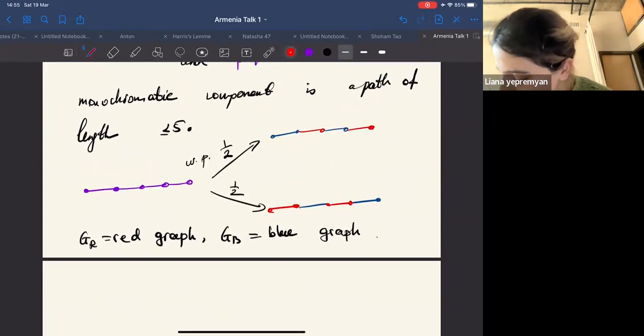So can I have a vertex of degree 3 in red? Well, what would it mean?